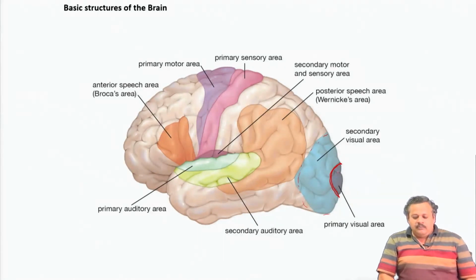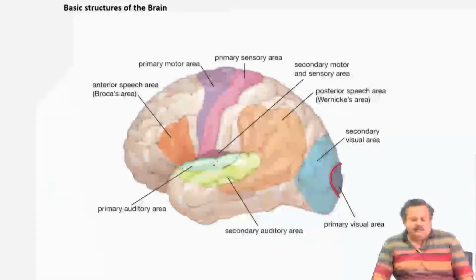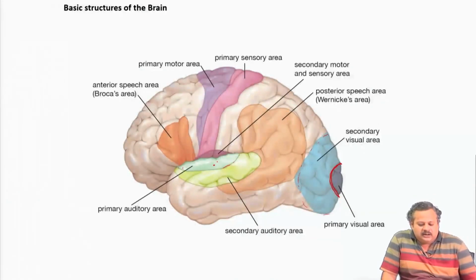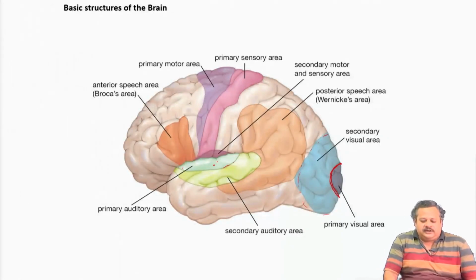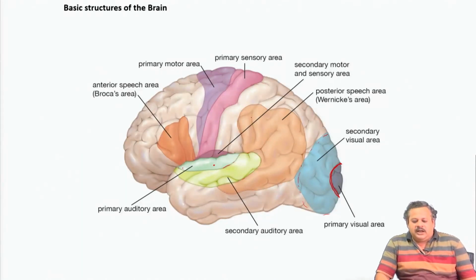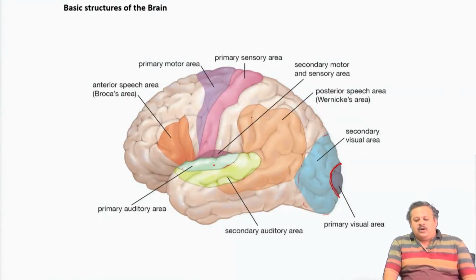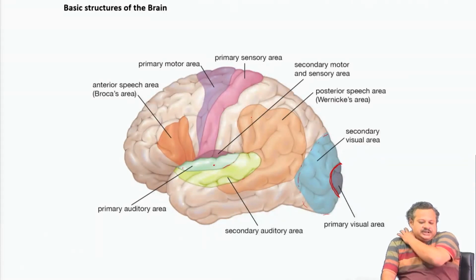Beyond that, along the superior temporal gyrus, we have the primary auditory area shown in light green, and in a darker shade we have the auditory association area surrounding it. And further surrounding the whole region is Wernicke's area, which is the posterior speech area, and that is involved with processing speech.